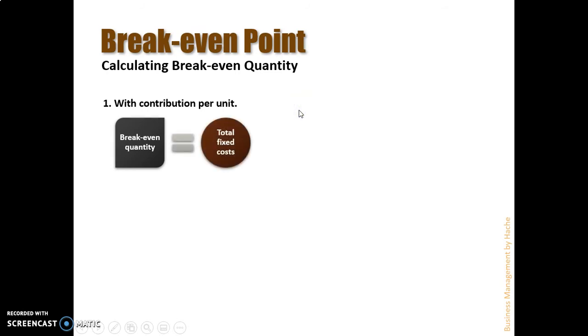You get the break-even quantity by dividing the total fixed costs by the contribution per unit. Remember that the contribution per unit was acquired after subtracting the variable cost per unit from the price per unit. So you get the price per unit, you cut the variable cost for that product, and then you get the contribution per unit.